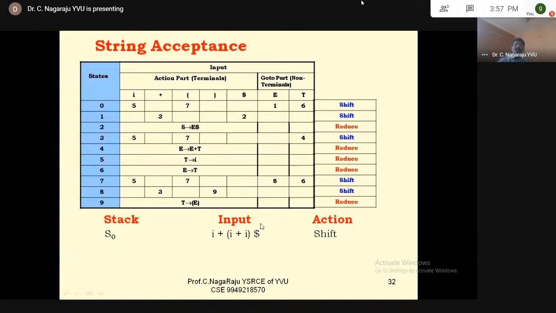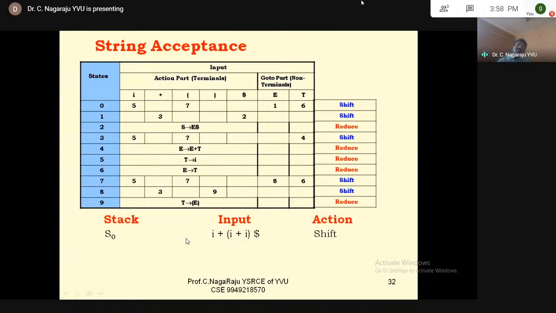And I am taking the input string, within brackets, I plus I. We have to verify whether the string is accepted or not with the help of this table we have constructed. So here is I plus I, and at the end of the input expression, we put the dollar sign.